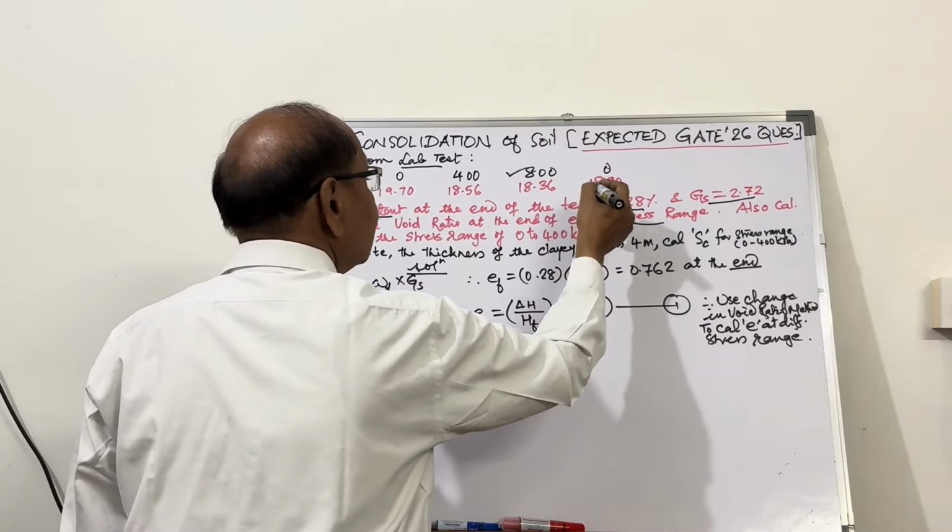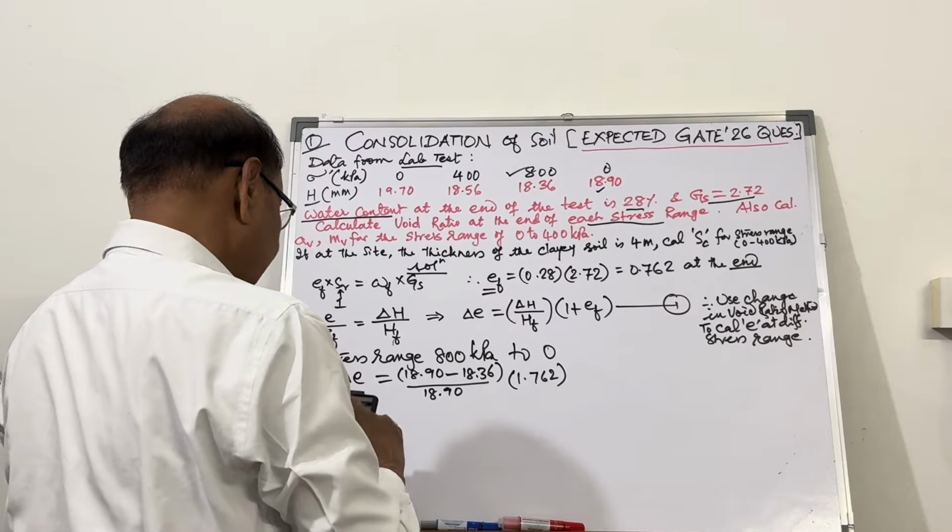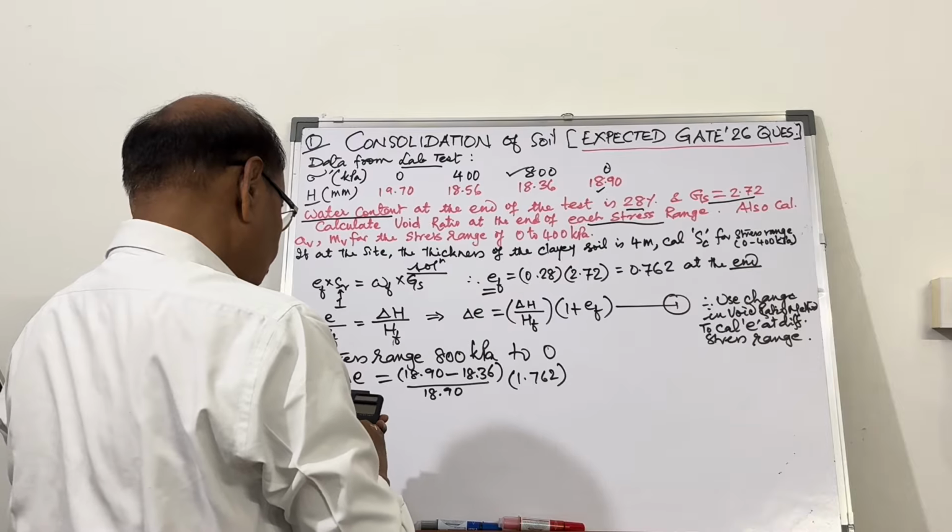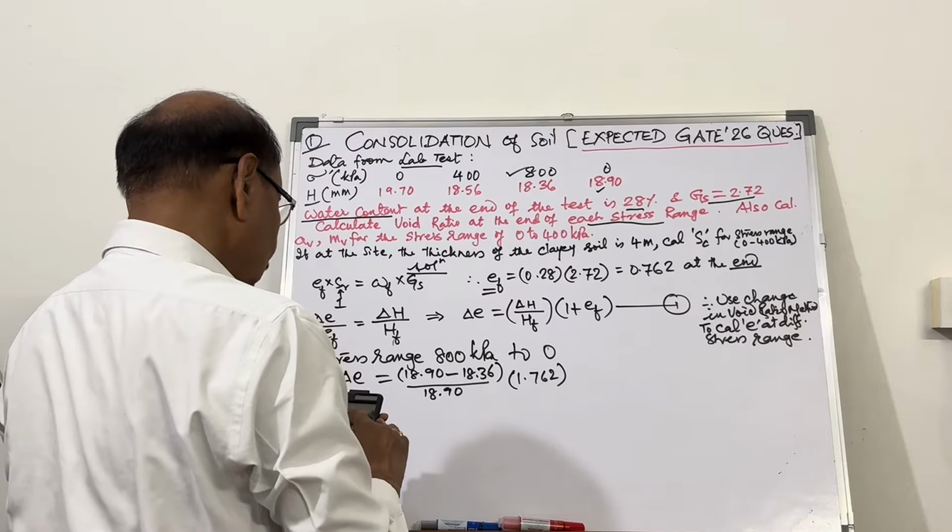18.9 minus 18.36, multiplied by 1.762 divided by 18.90.